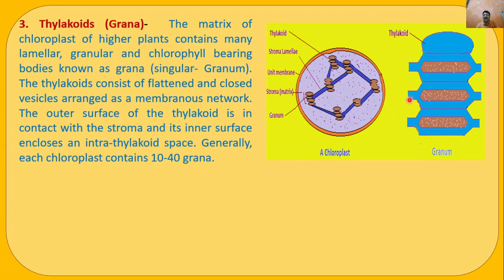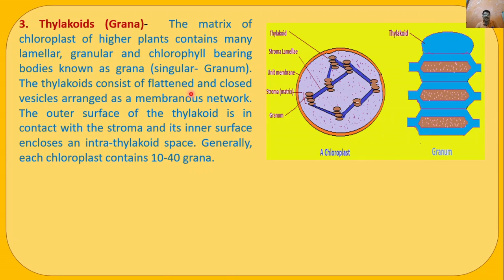The singular is granum, and all these grana which are present in this stroma are known as grana. Now this singular granum, as you can see, is composed of thylakoids. This one is nothing but a thylakoid, and all these thylakoids come on each other like a stack of coins and they form a granum.